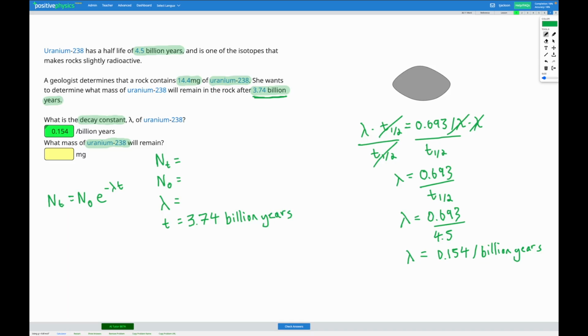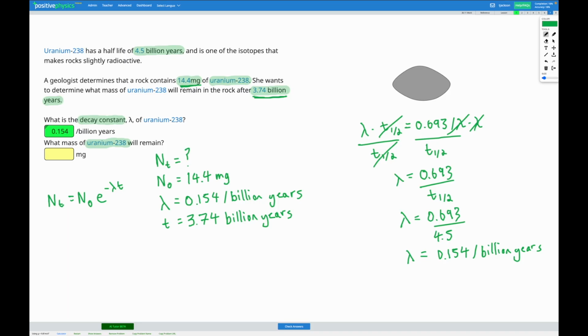The decay constant we just calculated is 0.154 per billion years. And we know our initial mass in our rock sample is 14.4 milligrams. That's N0, that's our initial mass or activity or whatever it may be. And the thing we're trying to find is the final mass after that time has passed.